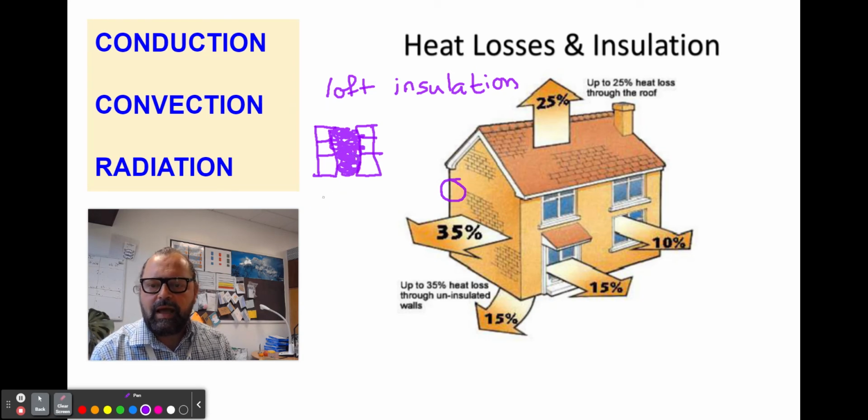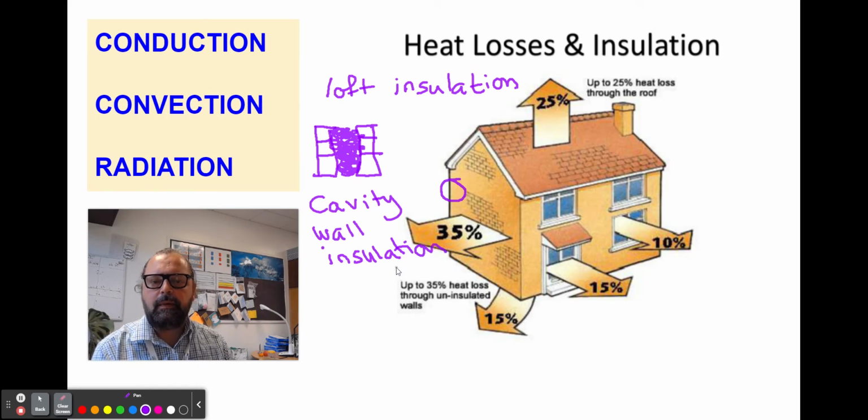And we talk about cavity wall insulation. Cavity wall insulation, again, a poor conductor, using the fact that air is not very good at letting heat pass through.